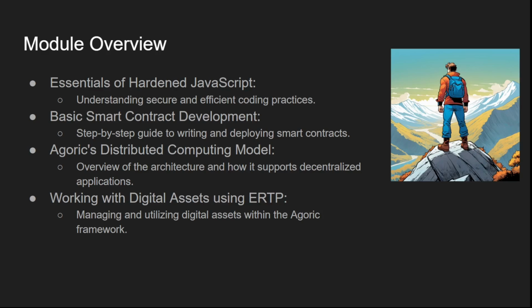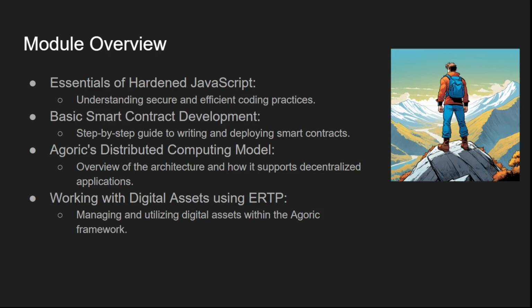We'll then look at the basics of smart contract development using the dApp OfferUp tutorial as a guide. From there, we'll explore Agoric's distributed computing model and understand how this architecture is crucial as it underpins how decentralized applications are built and operated on the Agoric platform.